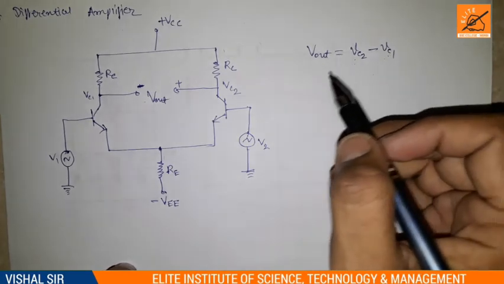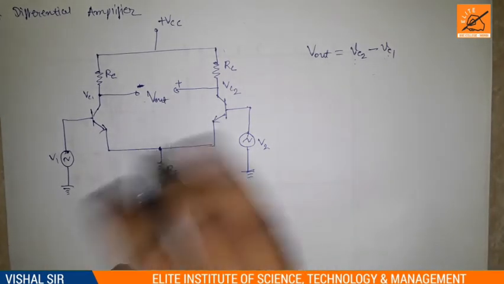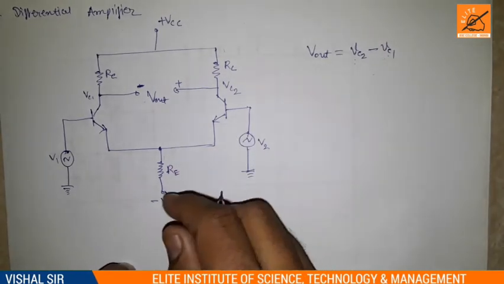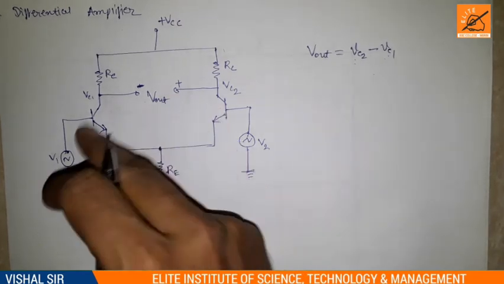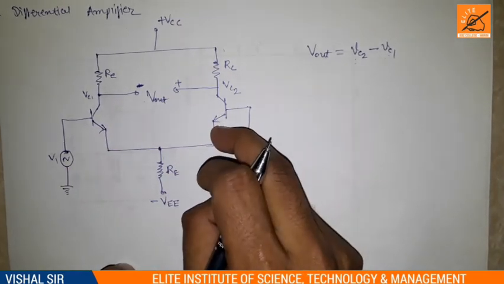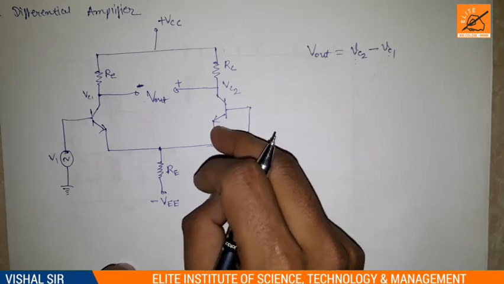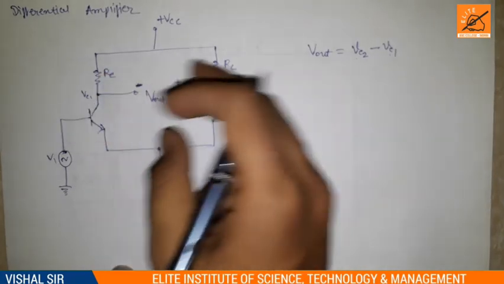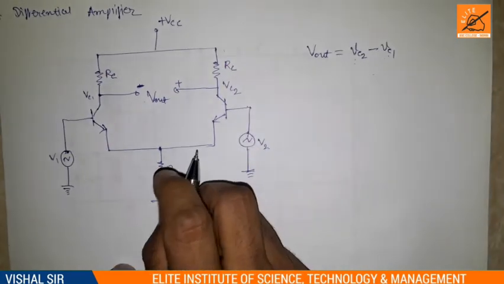Now if we think about an ideal circuit, then ideally the circuit has identical transistors. Okay, two transistors will be identical ideally, and equal collector resistors. These two collector resistors are equal.